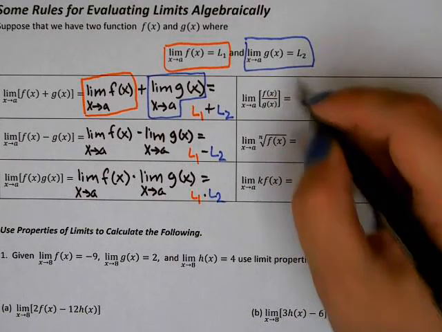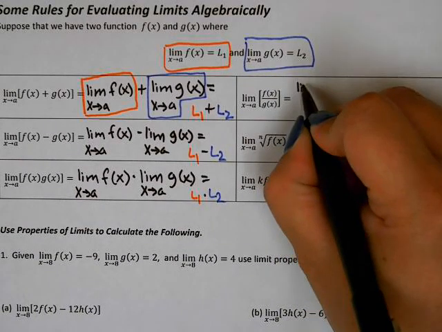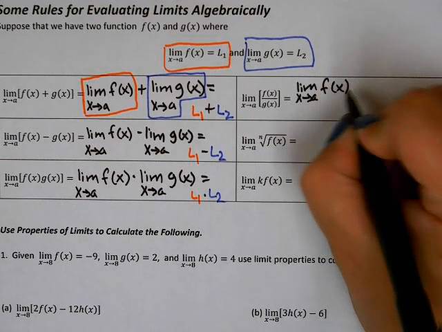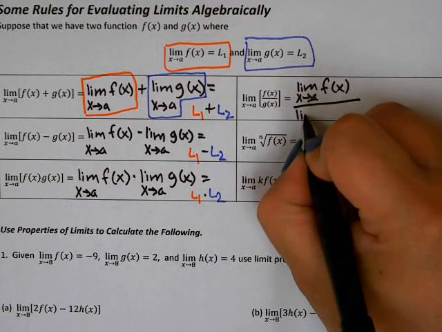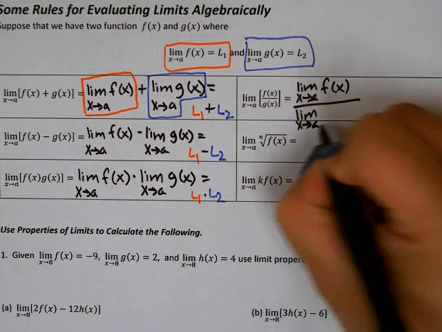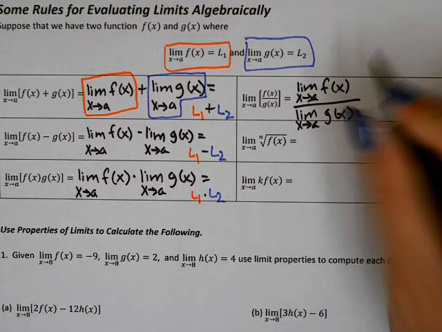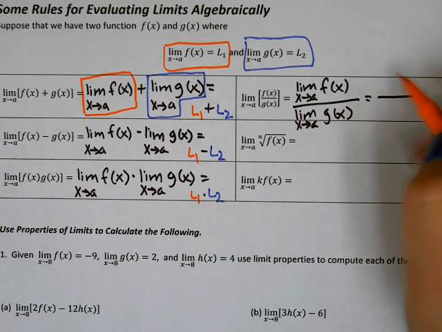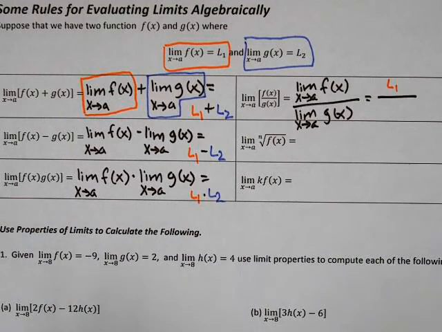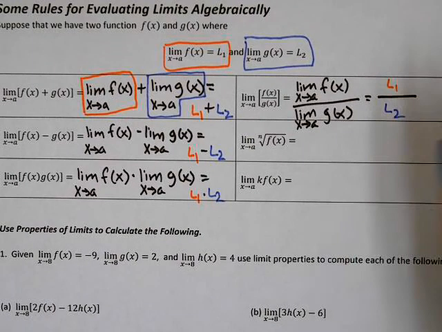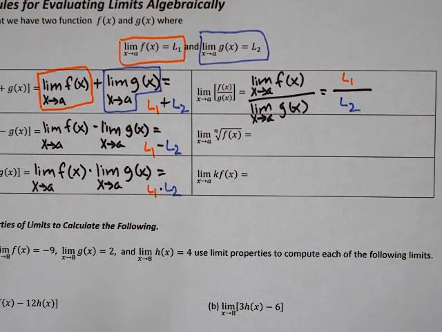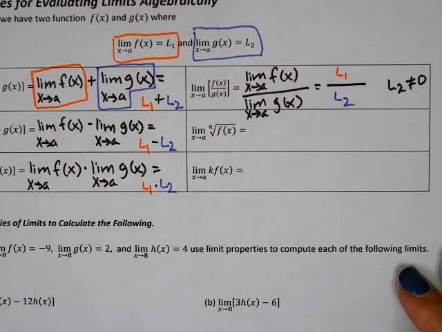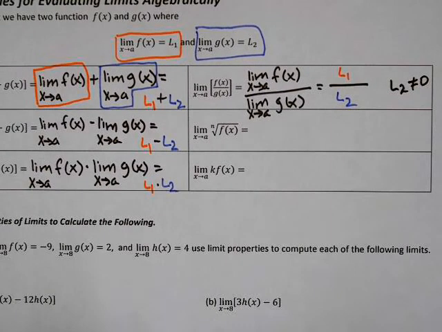All right, this next piece here is for division, so we can do the limit as x approaches a of f of x divided by the limit as x approaches a of g of x, which really means L1 over L2. An important part here to be able to recognize is that that means L2 cannot equal 0, because if it does, we're dividing by 0, and that would be a problem.